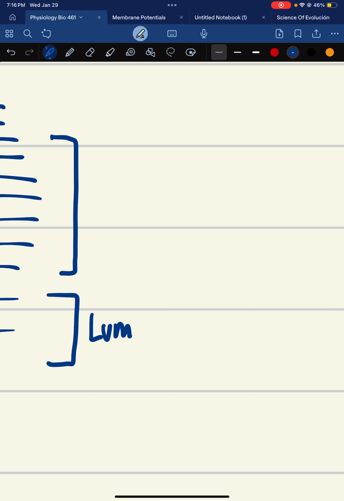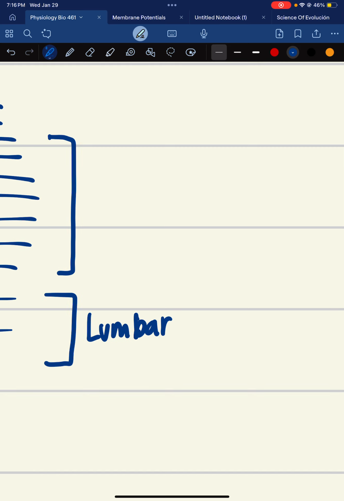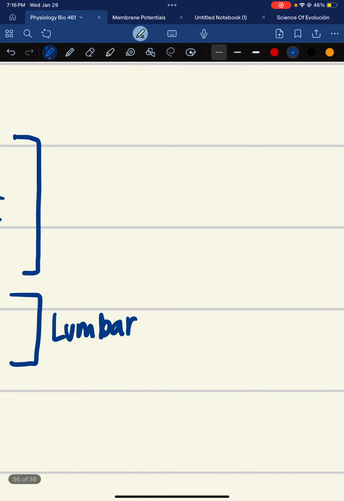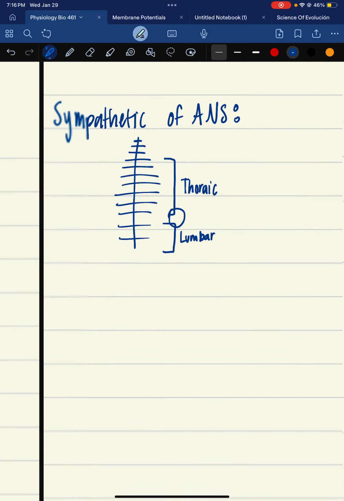Am I saying it right? And then this is the thoracic. So it's basically talking about the space in between this. So that's where the origin is.